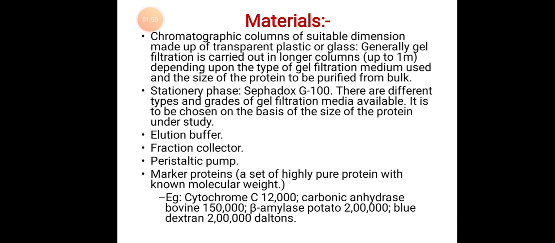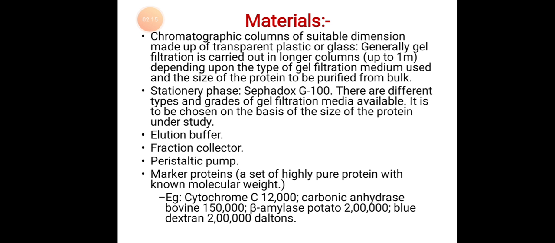Materials: chromatography columns of suitable dimension made up of transparent plastic or glass. Generally, gel filtration is carried out in longer columns up to 1 meter, depending upon the type of gel filtration medium used and the size of the protein to be purified from bulk. Stationary phase: Sephadex G100. There are different types and grades of gel filtration media available.